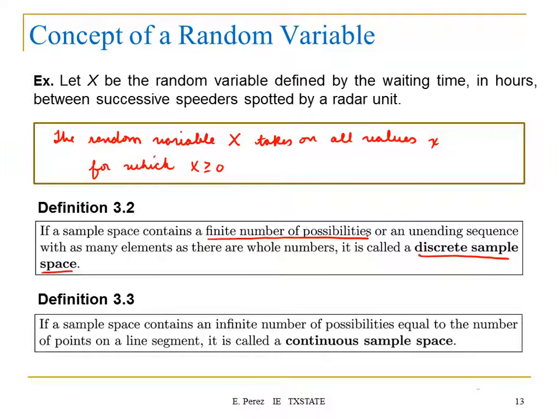Now, if a sample space contains an infinite number of possibilities equal to the number of points in a line segment, then that type of sample space is called a continuous sample space. Okay, so continuous random variables, discrete random variables. A continuous random variable will come from a continuous sample space. Discrete random variables will come from a discrete sample space. And these are the differences.